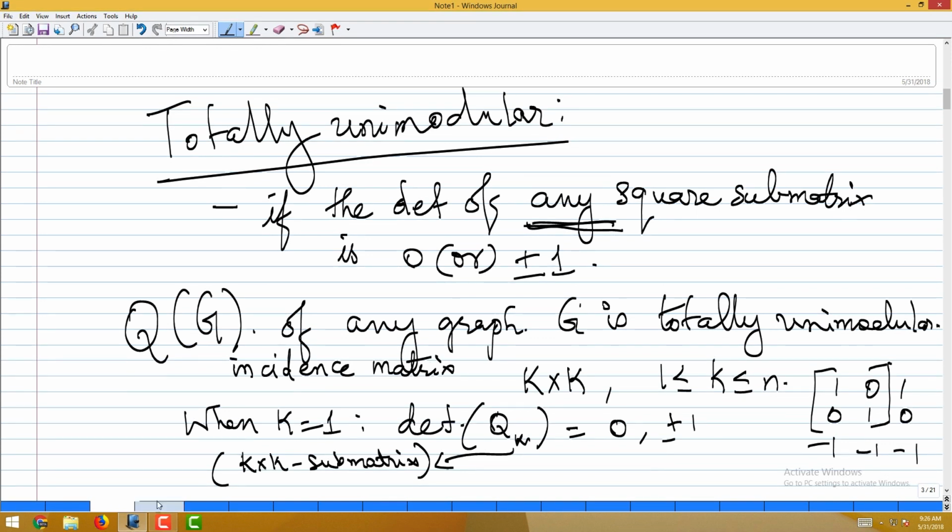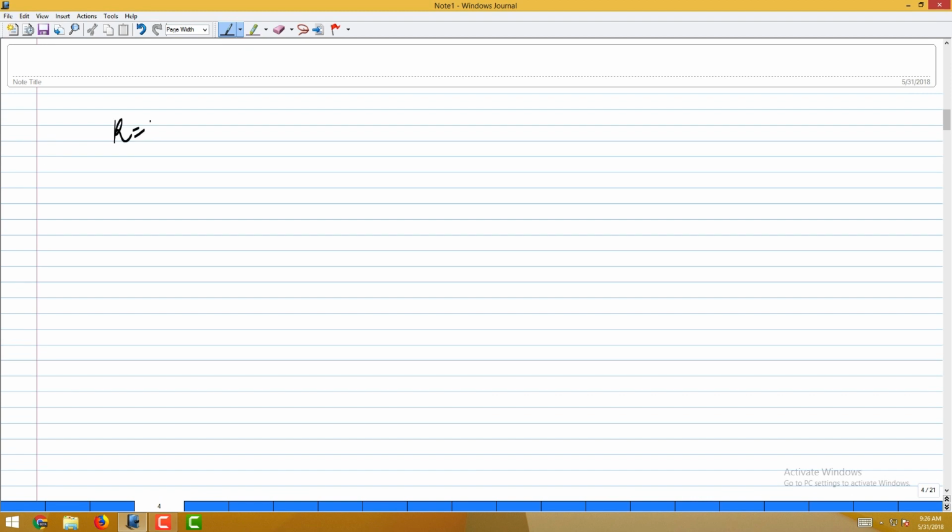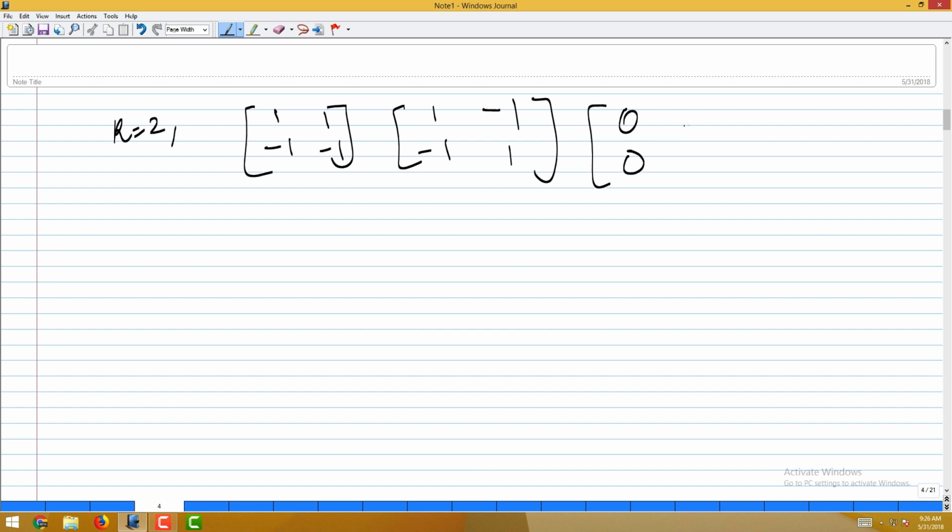So, these are the only possibilities here. In all these cases the column sum is 0, and the determinant also becomes 0.